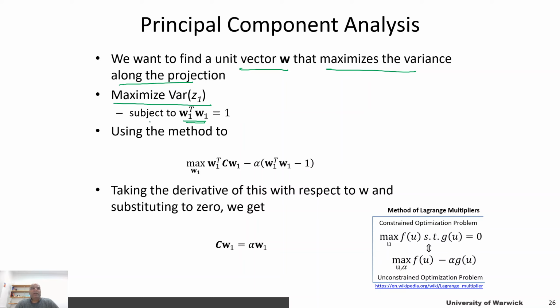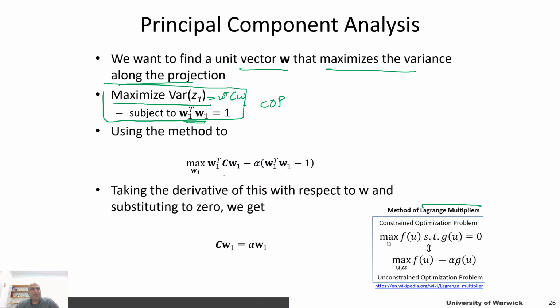And this is a constrained optimization problem, right? So we now know that the variance is going to be W transpose CW, where C is the covariance matrix. Then we use the Lagrange multiplier method to convert this constrained optimization problem into an unconstrained optimization problem. If you are having trouble understanding this, please go and watch the video and see how MacDonald was able to maximize his barn area.